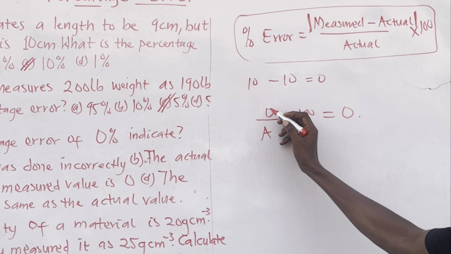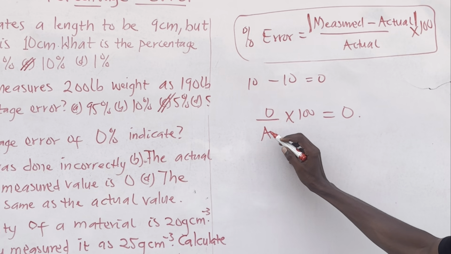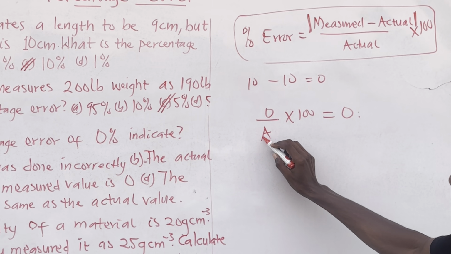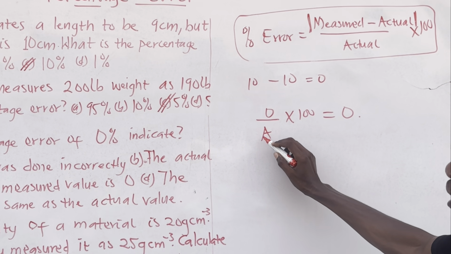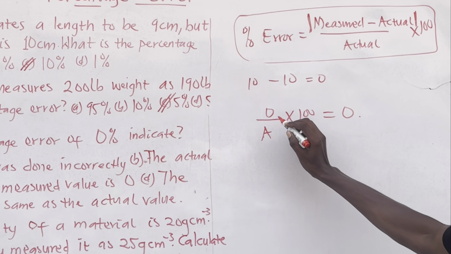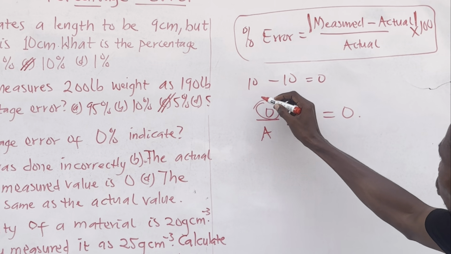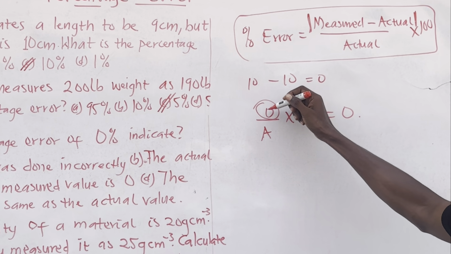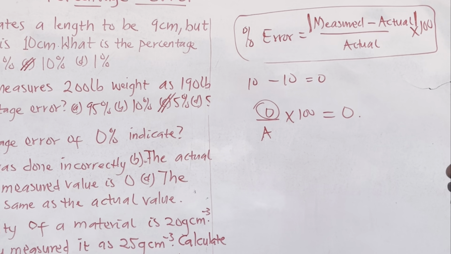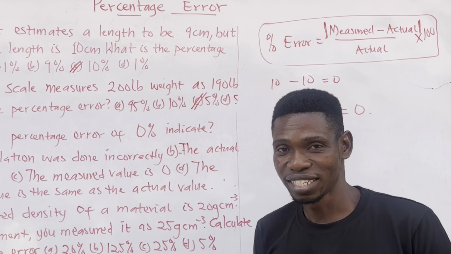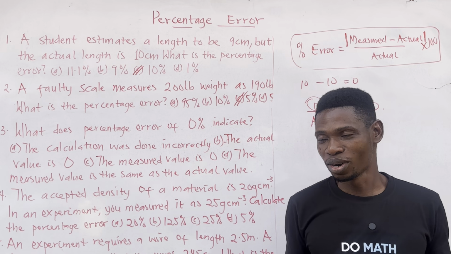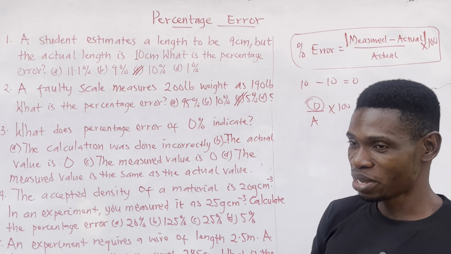Remember, our actual cannot be 0, because if it's 0, we'll have an error. So our numerator here, which is measured minus actual, has to be 0 for the percentage error to be 0. Or better still, there was no error in the measurement.